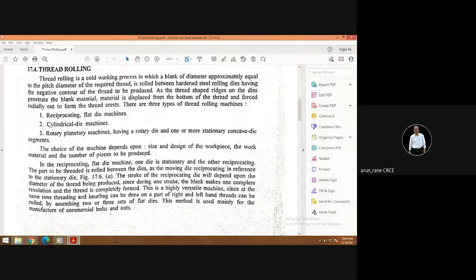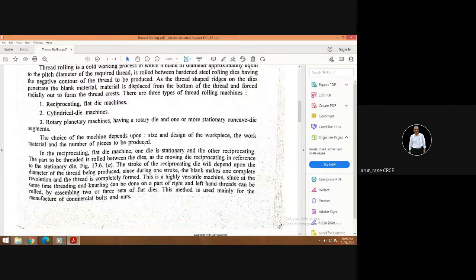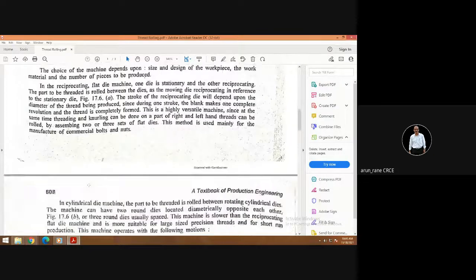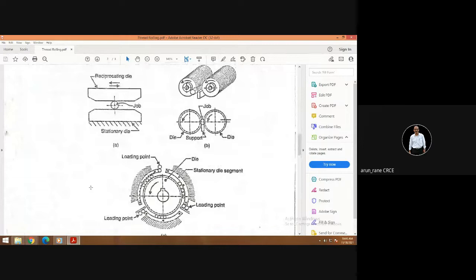This is again taken from your Hajra and Chowdhury, thread rolling. So here you can use these diagrams, like you have these two rolls, thread rolls. Then this is your round workpiece, which is kept on a support.